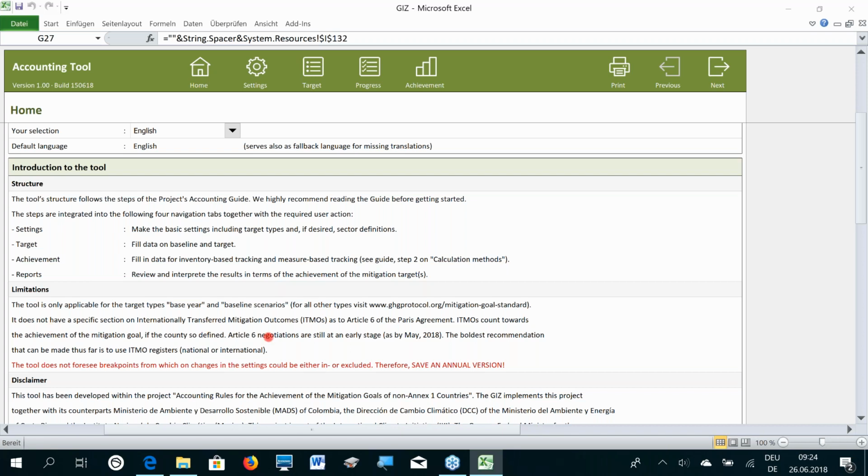which is that thus far we haven't included ITMOs, the internationally transferred mitigation outcomes, as by Article 6 of the Paris Agreement.